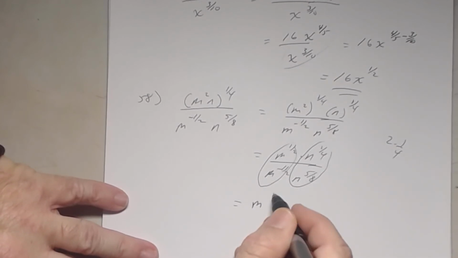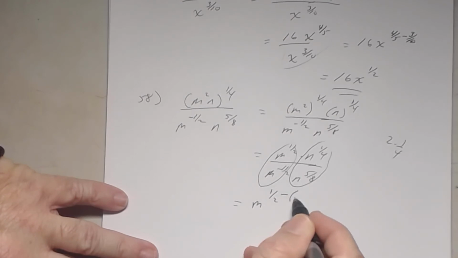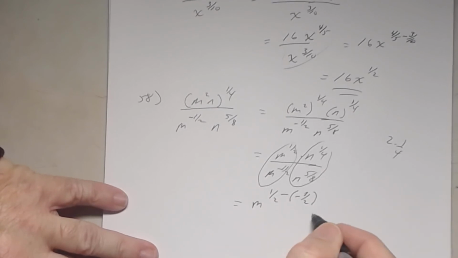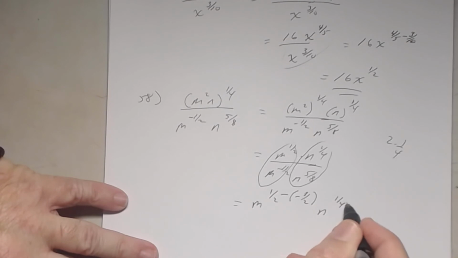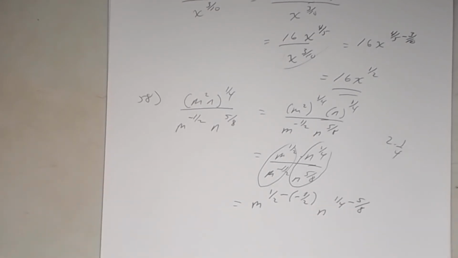So that's m to the 1/2 subtract what? Negative 1/2. So you're going to add. Times n to the 1/4 subtract what? 5/8. Okay, use your calculator. What's 1/2 subtract a negative 1/2 in your calculator?